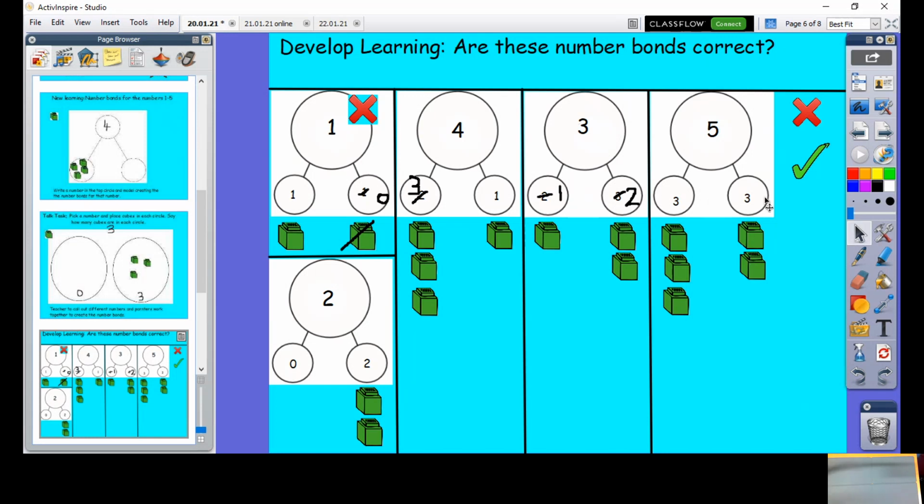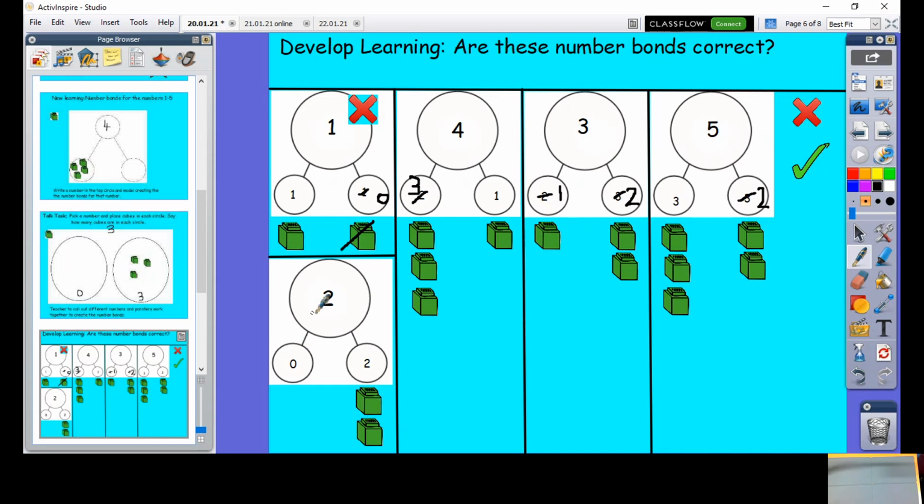Okay, then we've got to correct this. Okay, so that says 3. My part here is 3. 1, 2, 3. Correct. So that says 3. My part here is 3. How many have I got? 1, 2. It's 2 there. So I need to put a line through that and I need to write 2. Okay, so now I know that 3 and 2 makes 5.